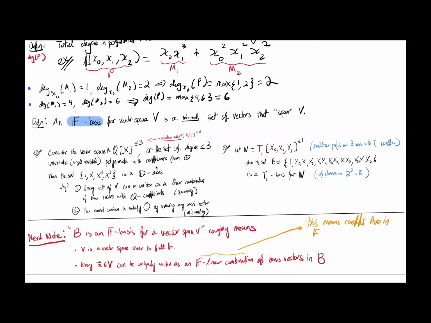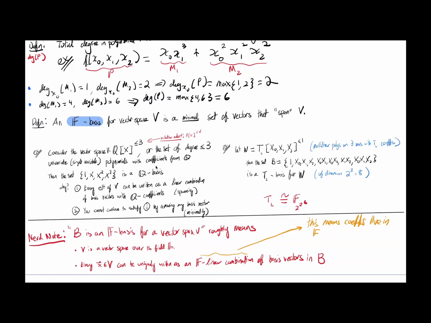So to say a thing, T iota is isomorphic to F2 to the 2 to the iota. And to say another thing, every finite field of the same size is isomorphic to one another. That's just a fun fact.